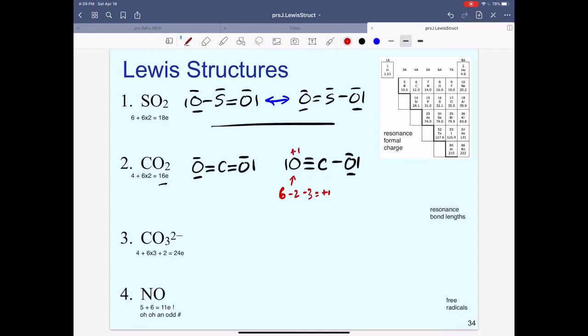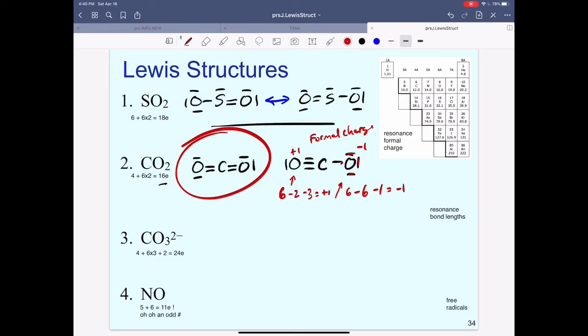And the oxygen on this side, 6 valence electrons, -2, 4, 6, and then -1 more for the bond for a value of -1. And so because we see formal charge here, this will be our preferred structure with formal charge of all zeros.